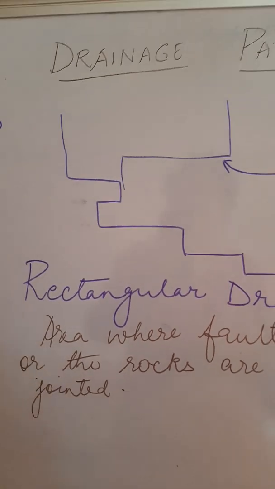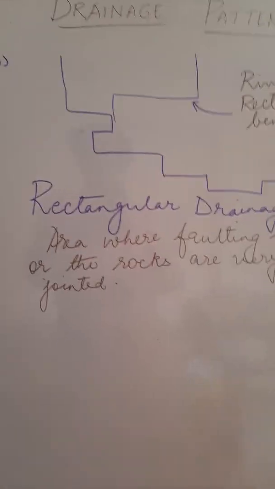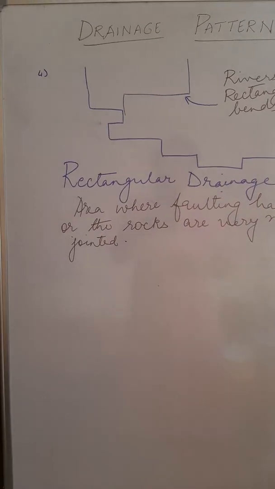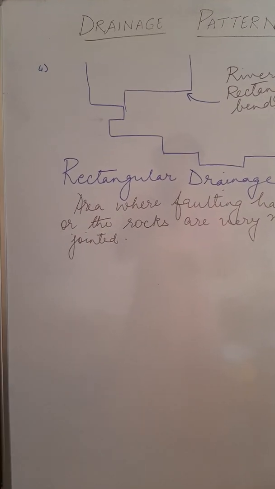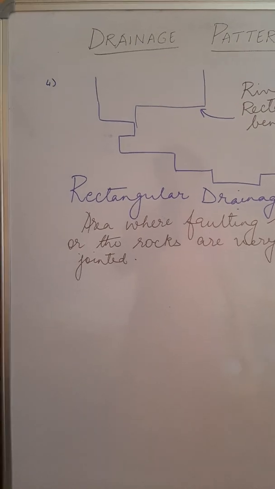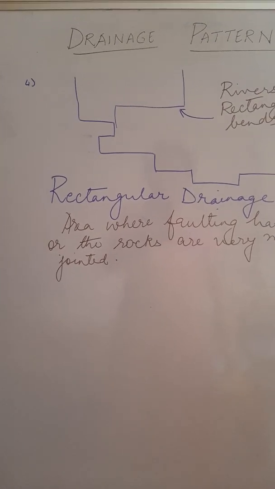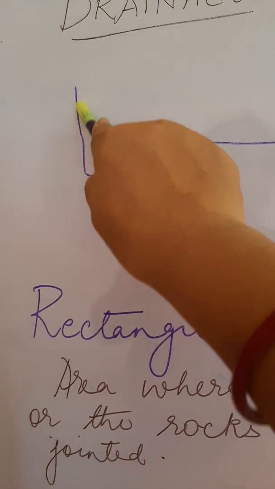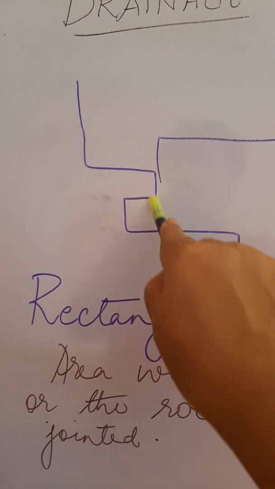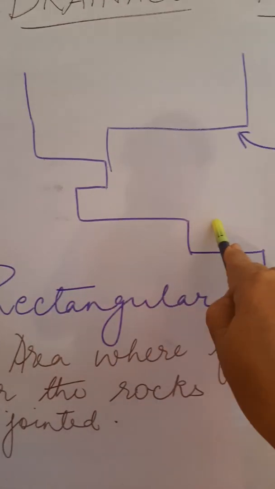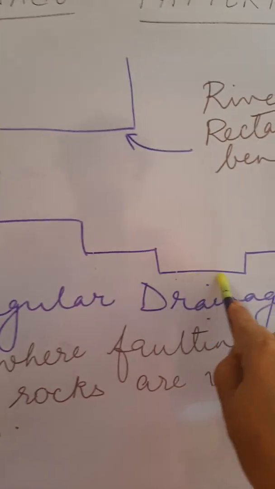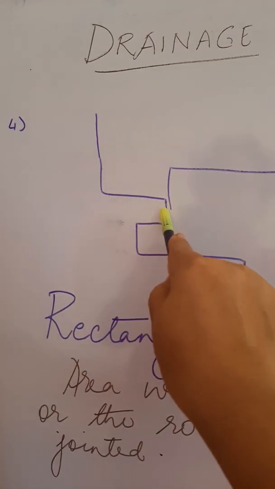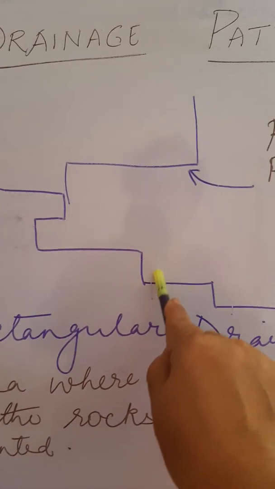The fourth pattern, children, is the rectangular drainage pattern. Now this rectangular drainage pattern, you can see, is much different from the earlier patterns. Here, children, you can find that I have drawn the rivers flowing in rectangular bends, making sharp rectangular bends. Here another river is also coming and joining in rectangular bends.